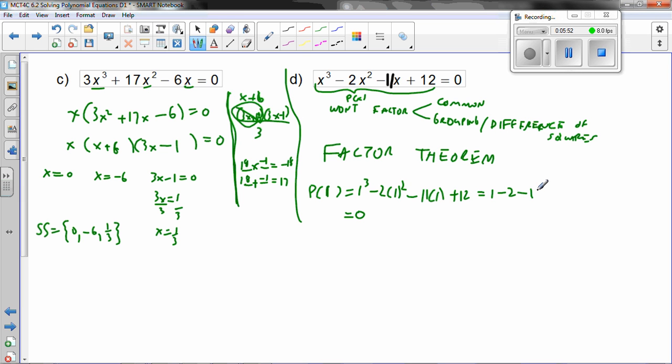That's equal to 0. So we say, therefore, x minus 1 is a factor. In fact, x equals 1 is going to be a solution to this polynomial equation. So now I'm going to use long division to find the other factors.